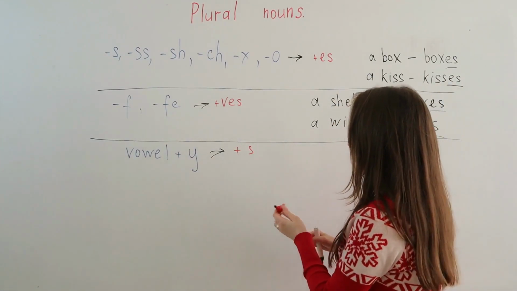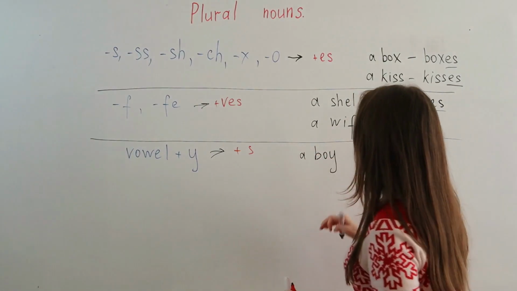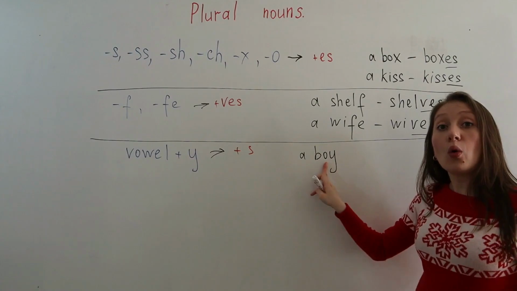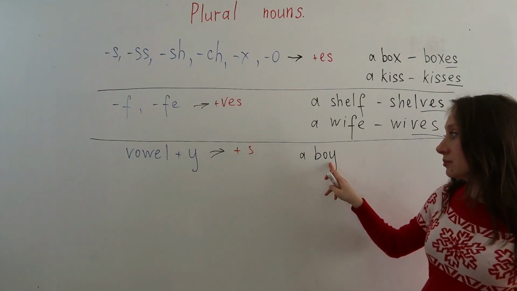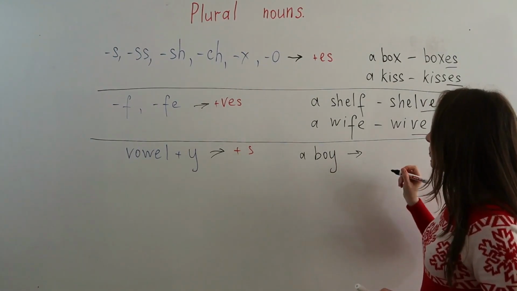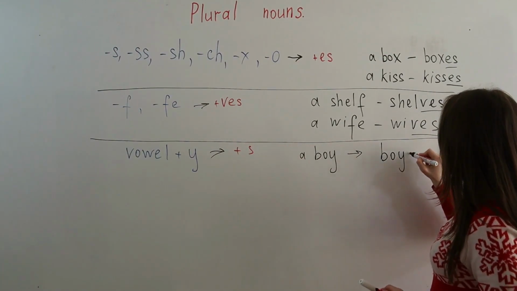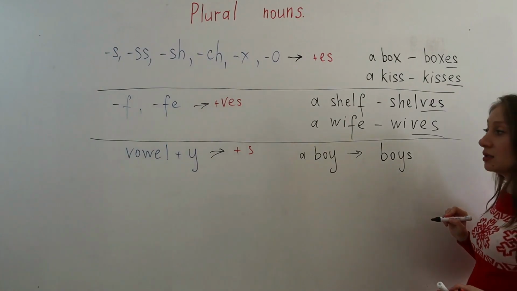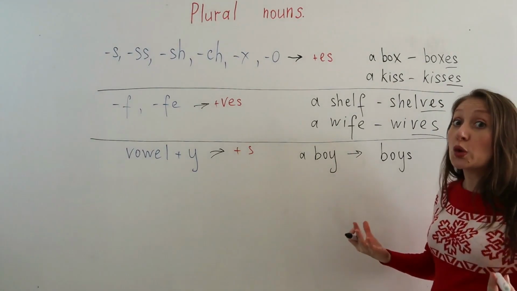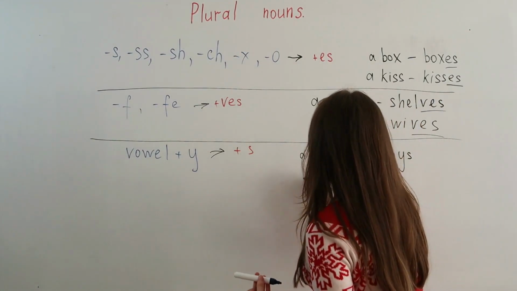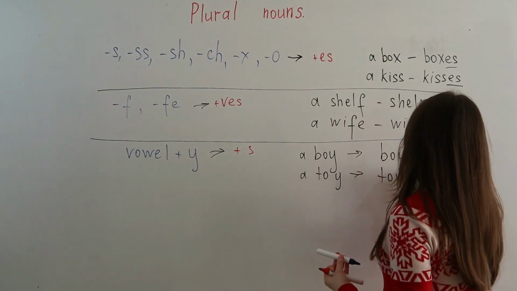Let me show you the example. For example, boy, a boy, one boy. So we have the vowel o, right? O, short. And we have the letter y. So for the plural, you just add s. Boys, super easy. Boys, right? Or, I don't know, toys, right? Let me write. A toy, toys.